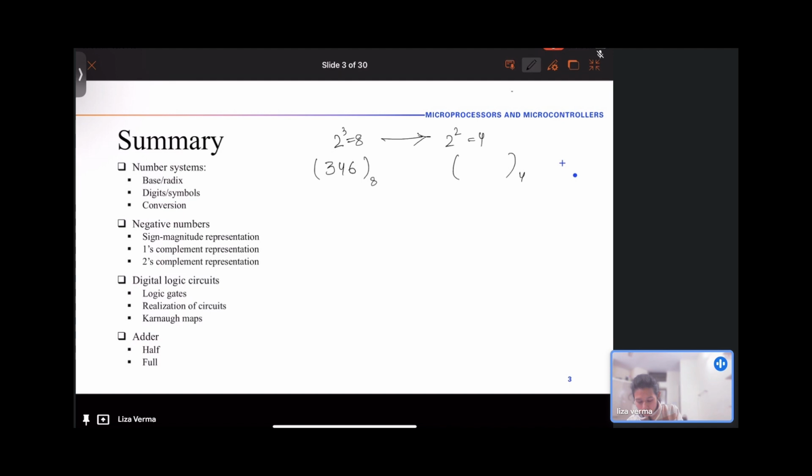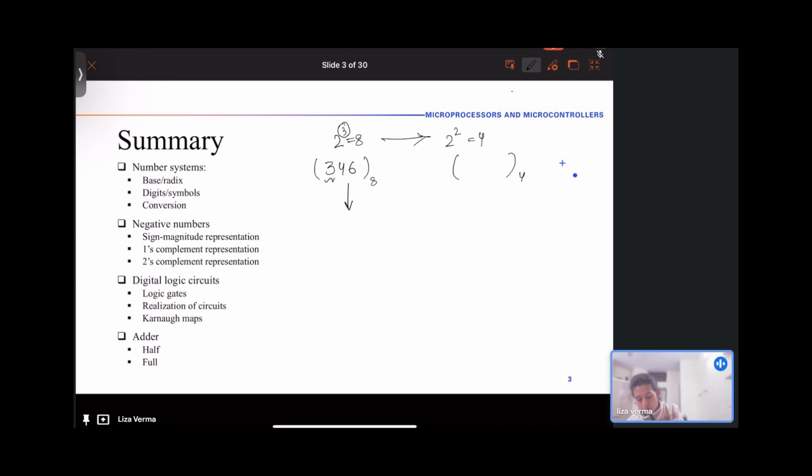So the general procedure is to convert this number into binary, right? You convert this 3 into binary, but the number of bits will be 3, that is this power.